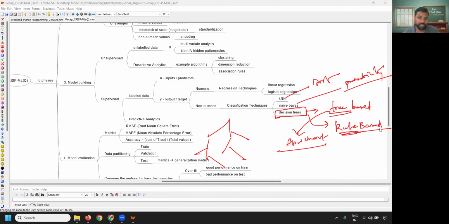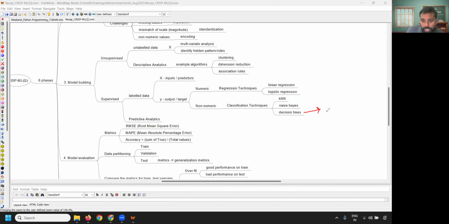So decision trees are rule-based algorithms, and those rules are constructed by building flow diagrams from the historical data. The objective of the flow diagram is to get the target variable as the end result.